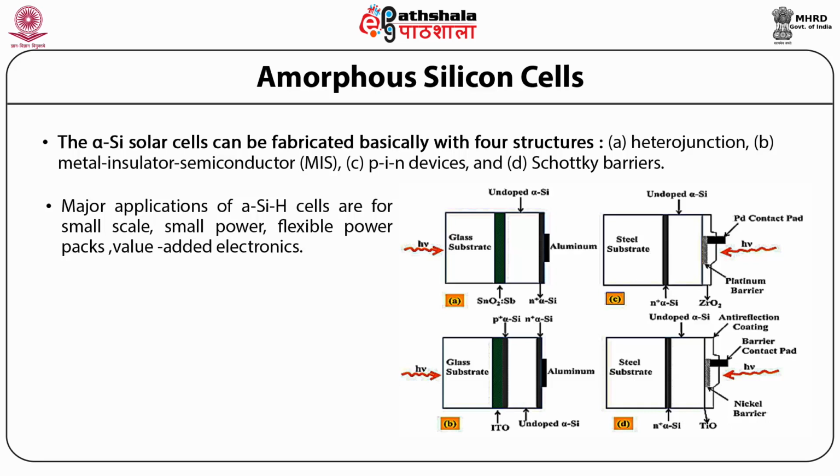These are shown in figure B. In the first type, the substrate is ITO coated glass, on which first a p-type alpha SiH layer is deposited, then a layer of intrinsic alpha SiH layer is deposited, and then finally a layer of n-type alpha SiH layer is deposited.